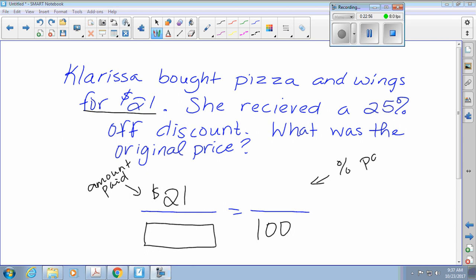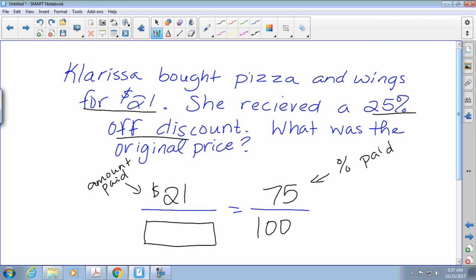Percent paid. Now they gave us the info of 25% off. So what would the percent paid be? What would the percent paid be, William? 75%. Who agrees with William that it should be 75%? Very good. So this, again, requires careful reading and looking at all the info you've been given carefully.